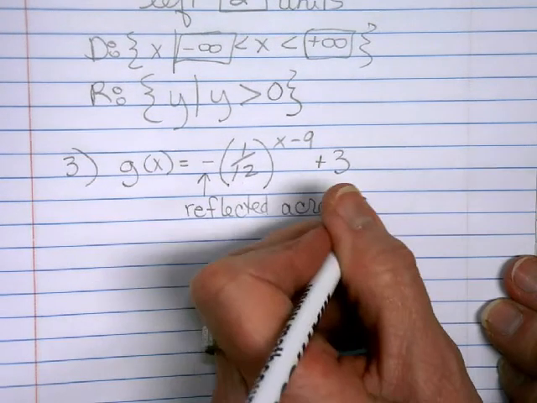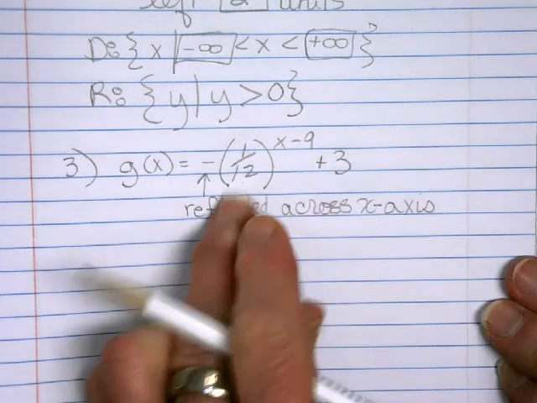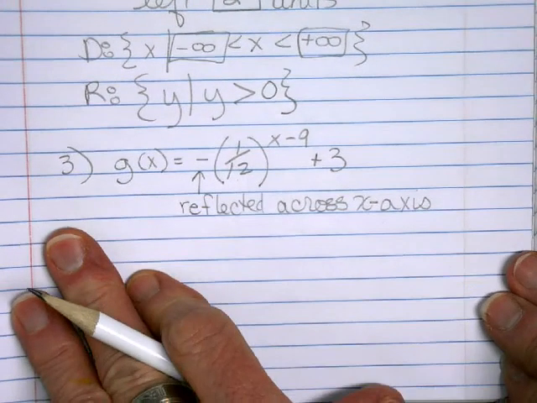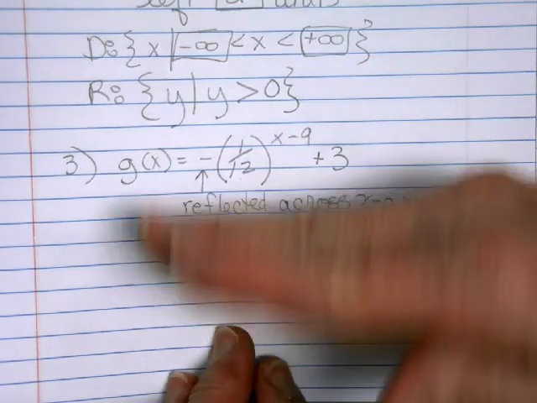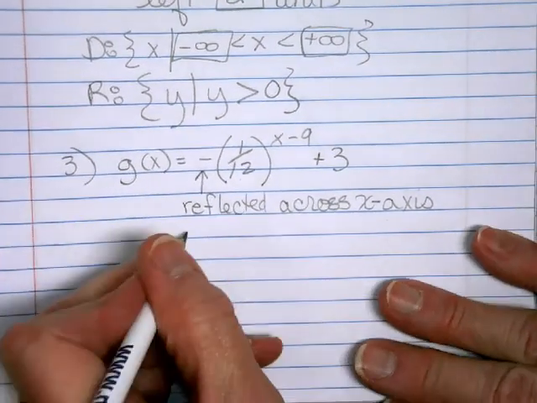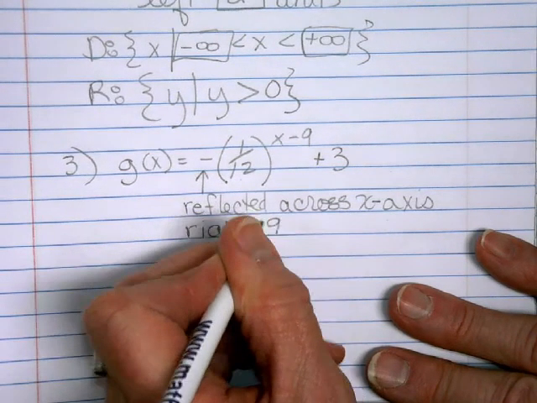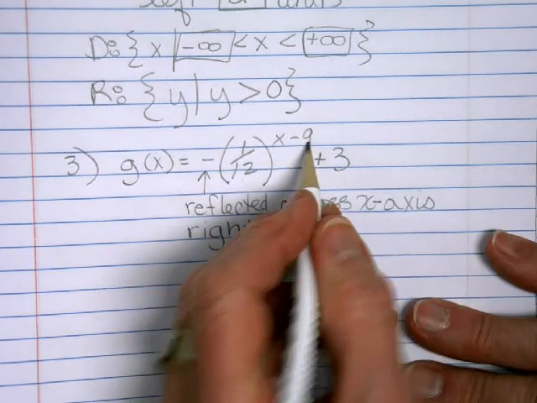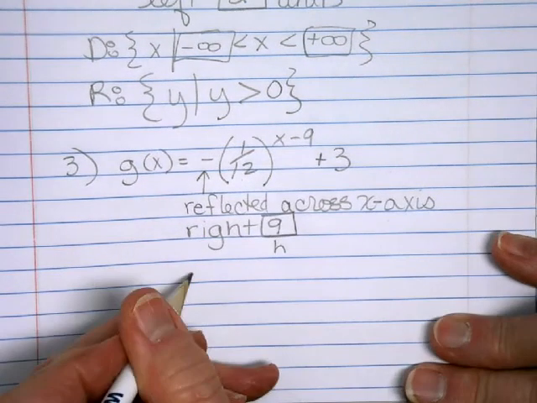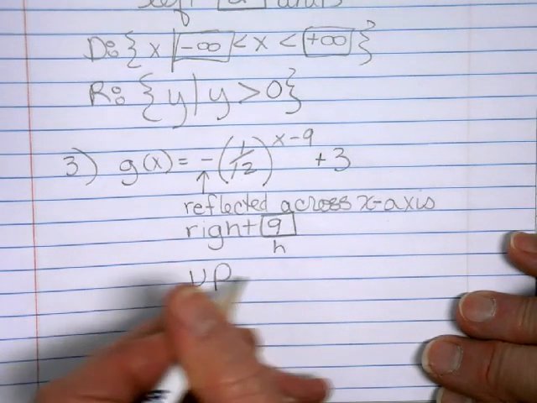But this is where they get the statement reflected across the x-axis, because it made all the positive values turn negative. Made all the positive outputs become negative. That's why it flips over the x. So you don't have to type anything for that.